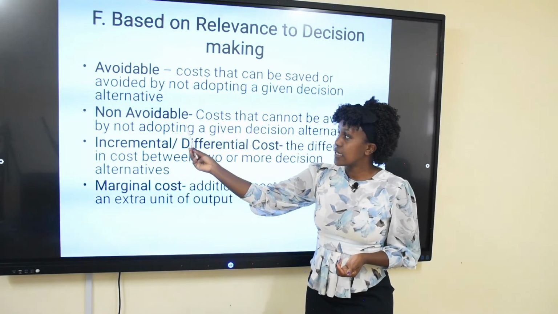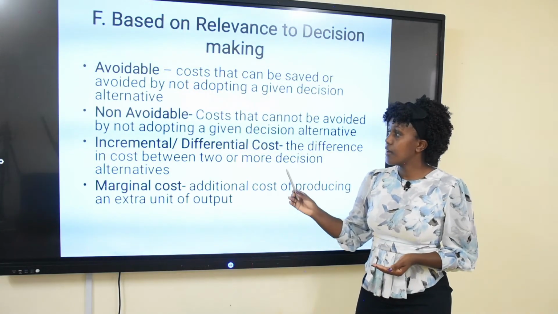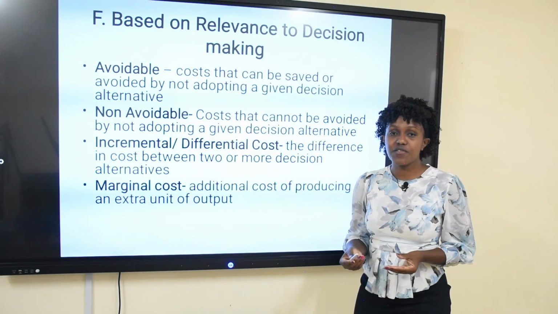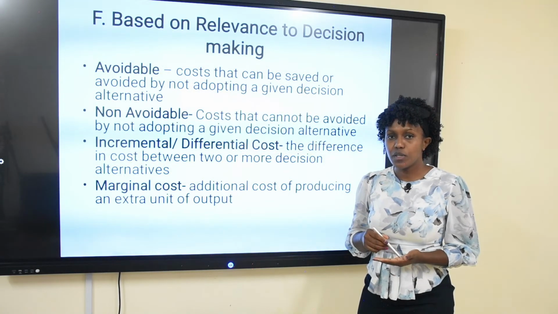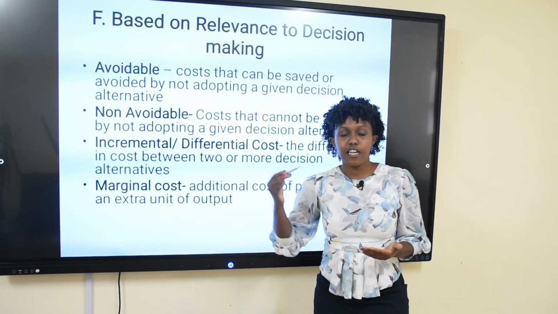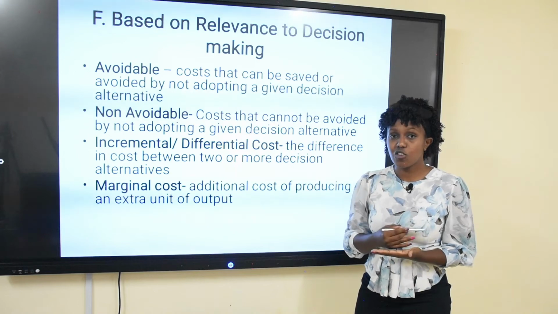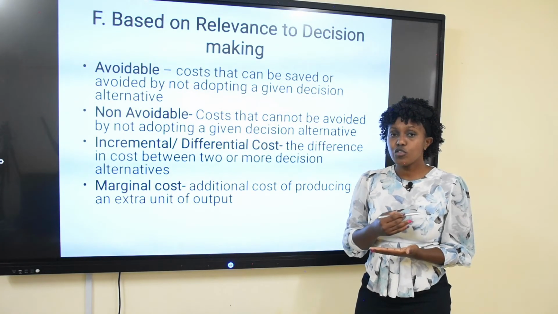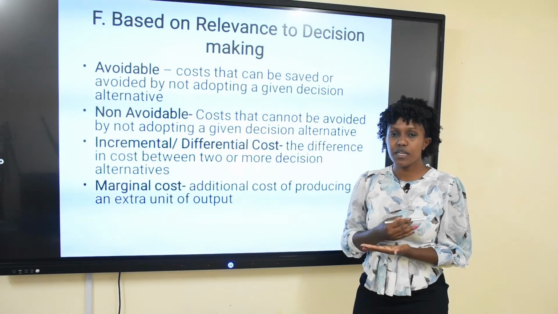Non-avoidable costs, these are costs that cannot be avoided by not adopting a given decision. What we are saying, like now in my example, even if you decide to buy a product instead of making it internally, you are still going to incur the fixed cost, some of which, like rent, has to still be paid.